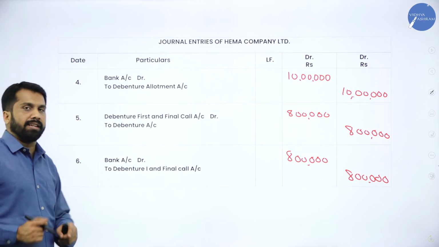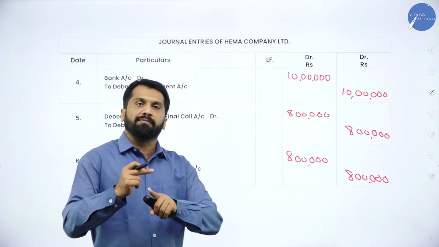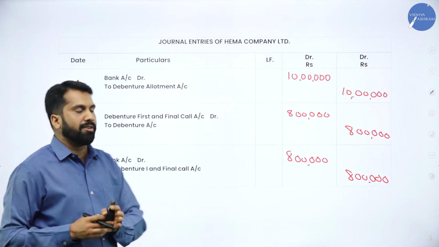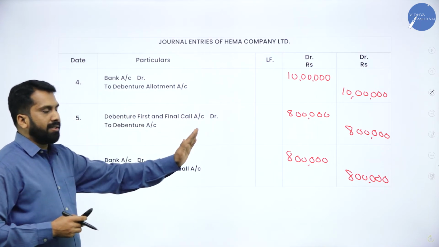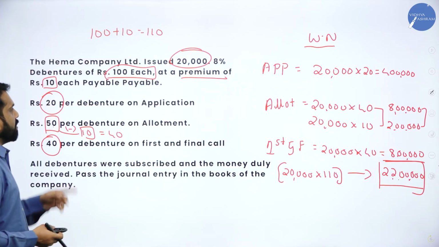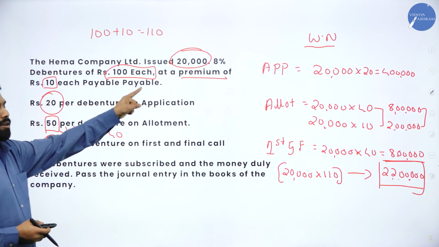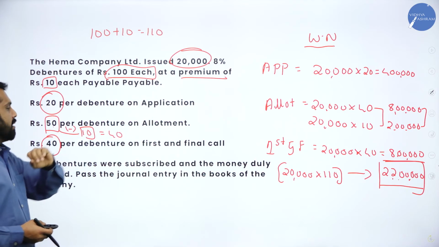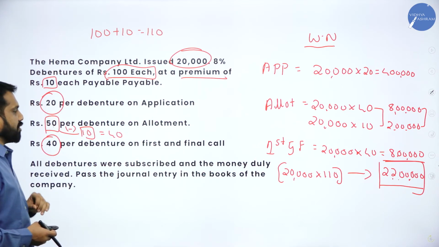Narrations I have not written. We'll go with the narration from the next problem. First you understand journal entry with numbers. Just will revise once. This will be your question. They have given problem with premium. Application allotment first call.